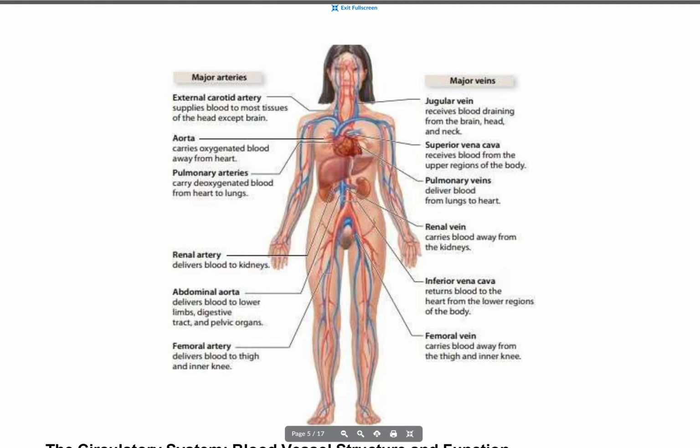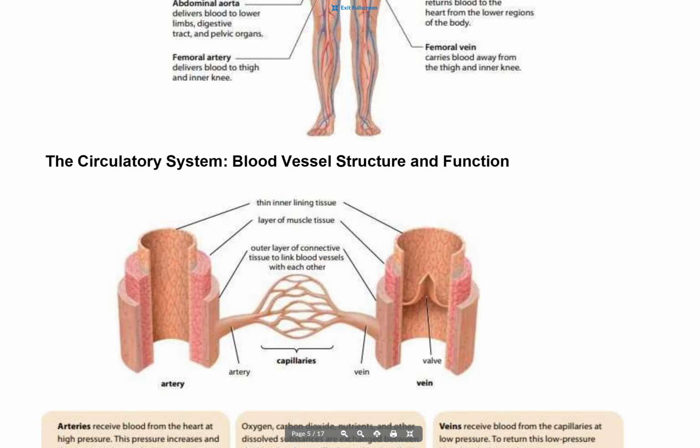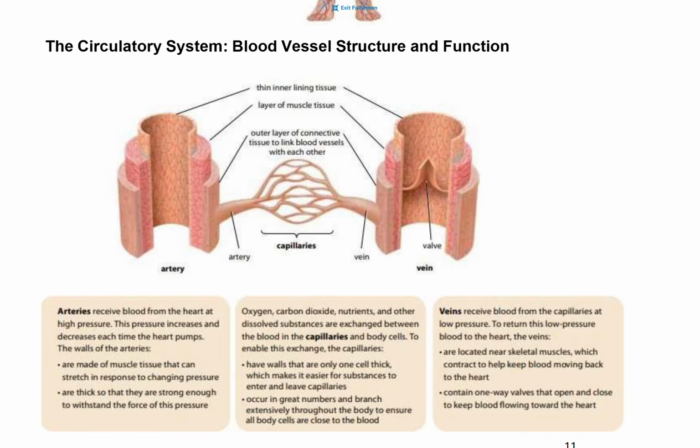Okay, the next topic that we're going to take a look at is how the structure of blood vessels helps them to do their function, right? And that, again, is an important concept in biology, right? Structure and function are always linked, okay? So we have arteries, veins, and capillaries. And you'll notice that arteries and veins are much wider and thicker than capillaries.